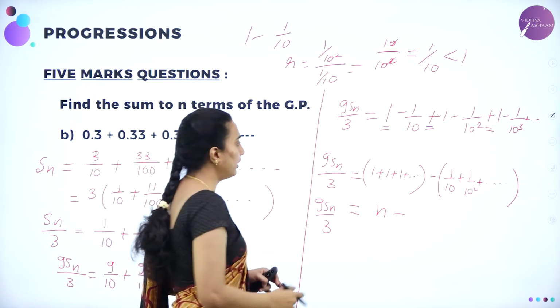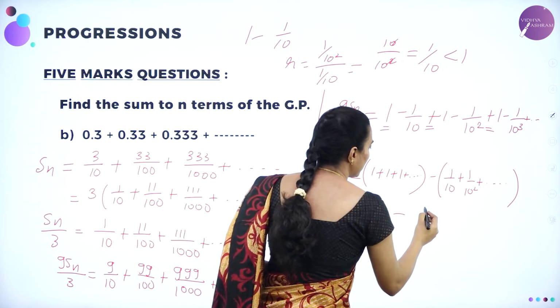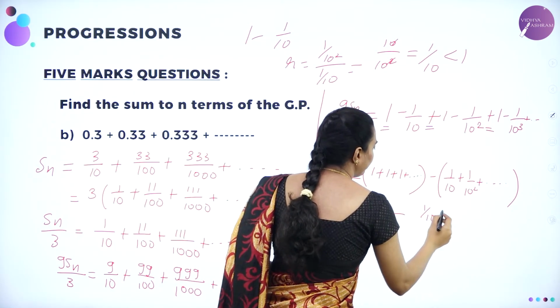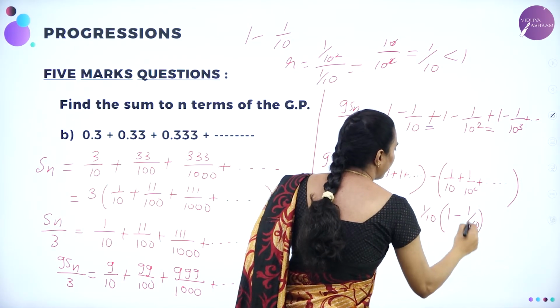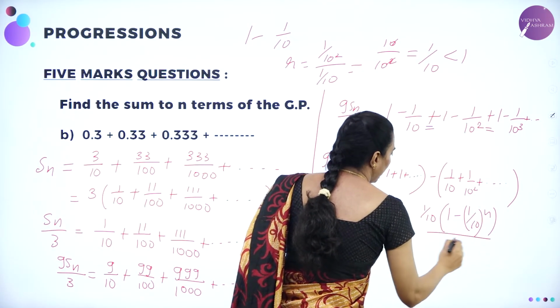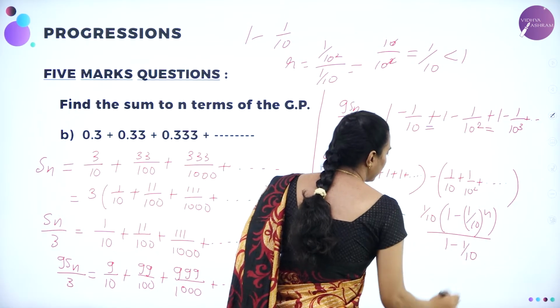Substituting according to that, you can write this as A is 1 by 10, so 1 by 10 into 1 minus 1 by 10 to the power of n divided by 1 minus 1 by 10.